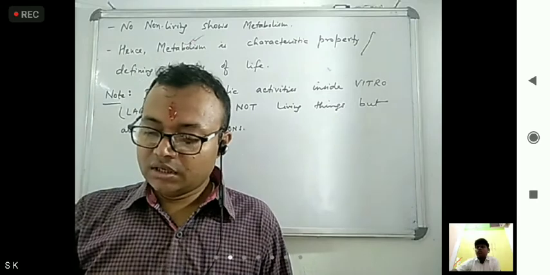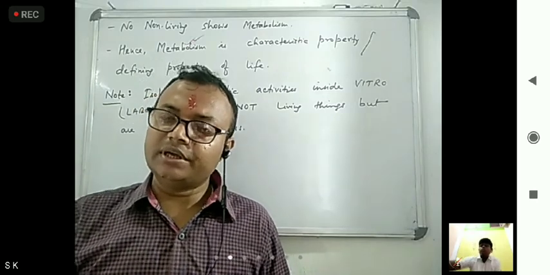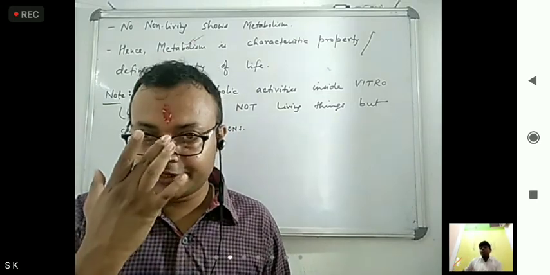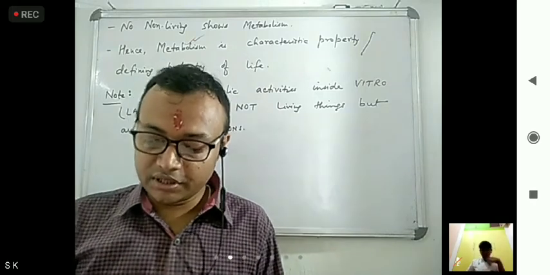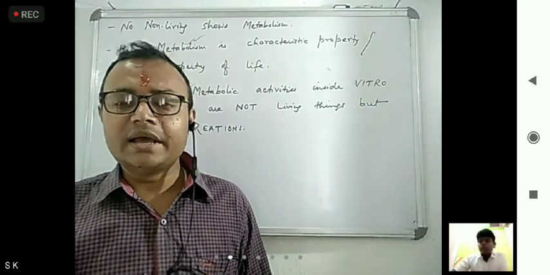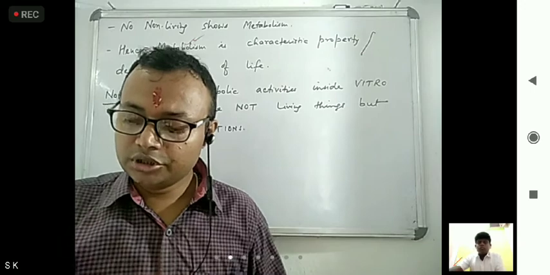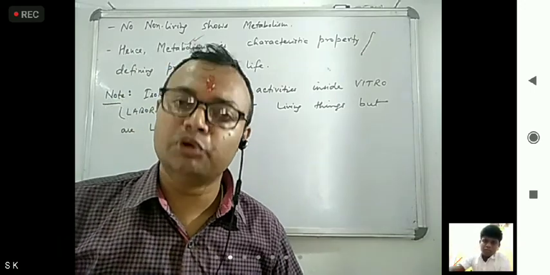Now the next property is irritability. Irritability means the ability to respond to a stimulus, any stimulus.